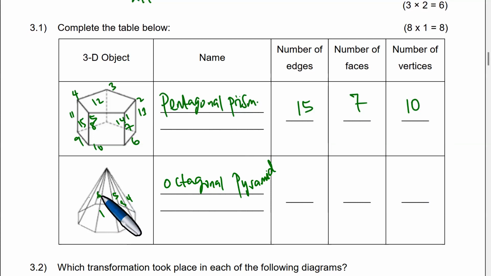Then 6, then 7, then 8. So you have 8, then 9, 10, 11, 12, 13, 14, 15, 16.